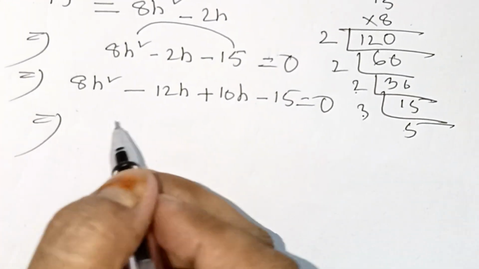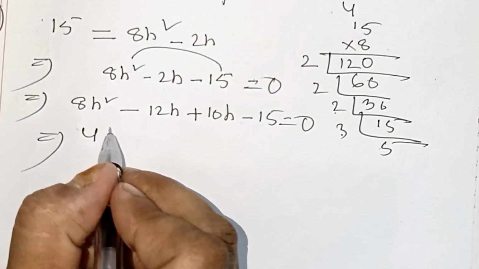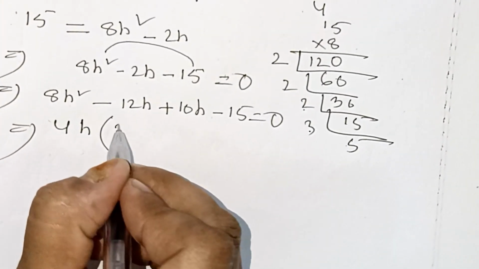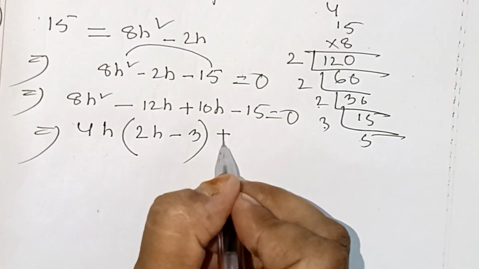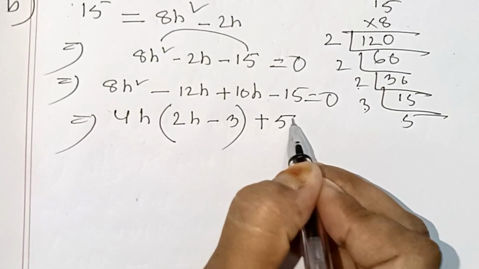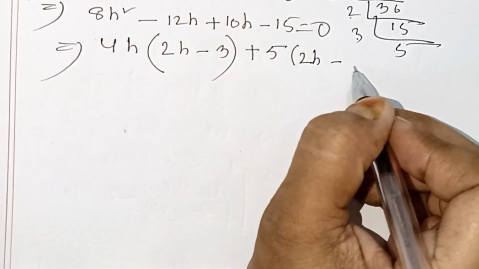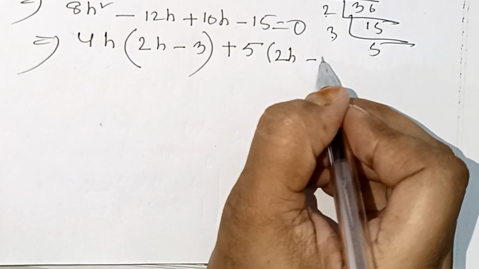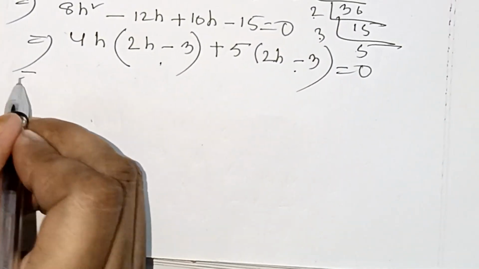So now common here 8 and 12, 4, and h square, and common here variable h. So 2h minus 3. 10h and 15, common here 5. So 10 divided by 5, that means 2h, minus 15 divided by 5, 3. So see, this term and this term is same.